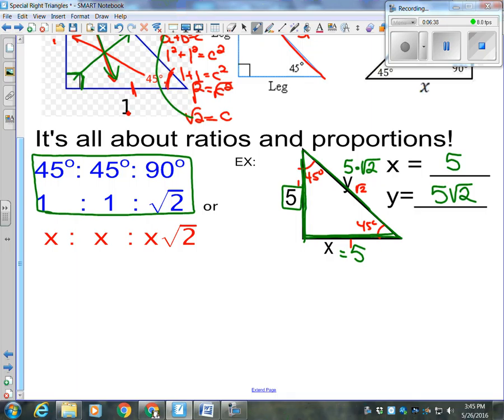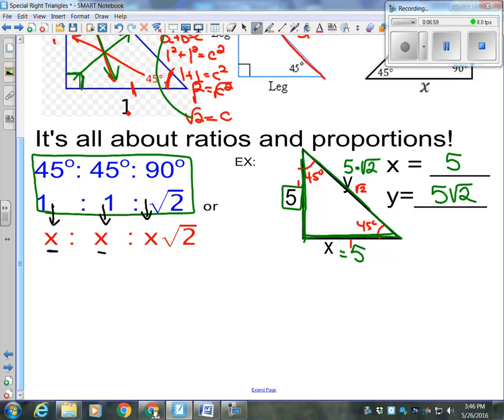Now, that tells me that if I multiply 1 to 1 to square root of 2 times any scale factor, let's just say it's times x, any number, and it could be 3 times bigger, 4 times bigger, 5 times bigger. 1 times x is x, 1 times x is x, x times square root of 2 is x square root of 2.